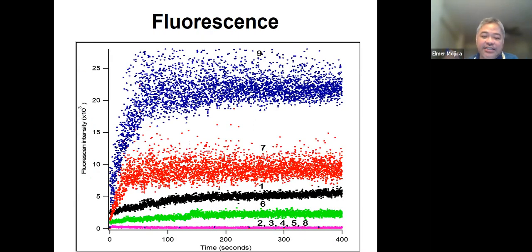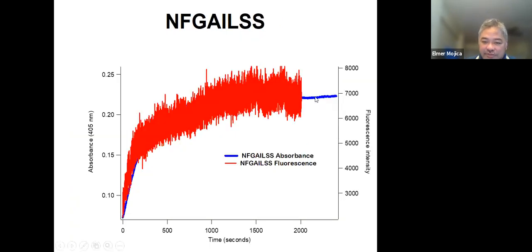At the same time that it's aggregating, we also monitor the fluorescence, because the native fluorescence of this peptide forming these solid aggregates also gives us high fluorescence intensity. If we match what we get in the absorbance and the fluorescence for the main parent polypeptide, they really match in terms of time. So this is a time-dependent analysis.